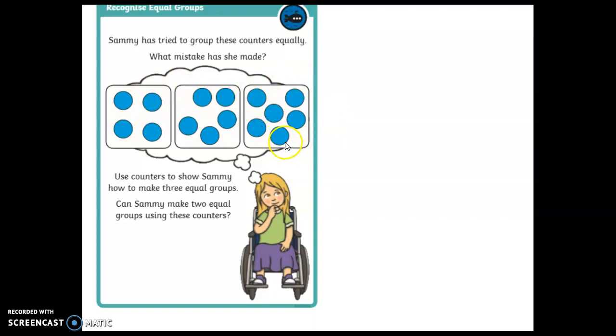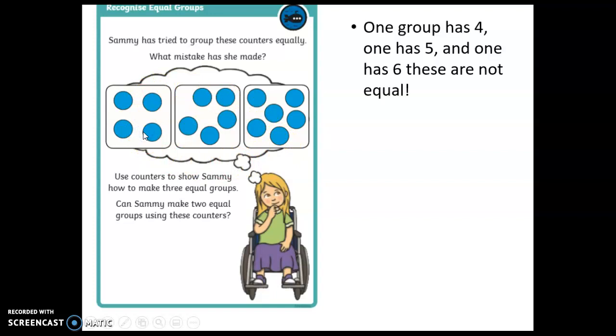This one's got the least, so I'm going to give one of those to the one with the least in, because if I move this one here, then that means I've got 5 here, 5 here, and 5 here. So one group is 4, one is 5, and one is 6. These are not equal, because if I take 1 from 6, this is 5, and if I'm taking 1 from here and adding it here, 4 plus 1 is 5, so they all have the value of 5.